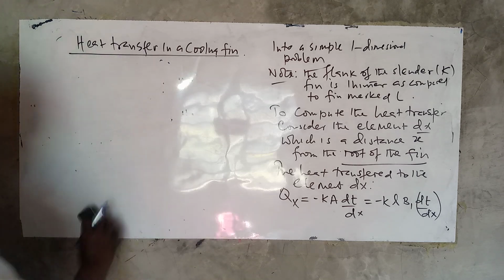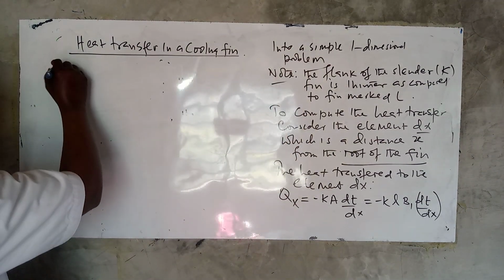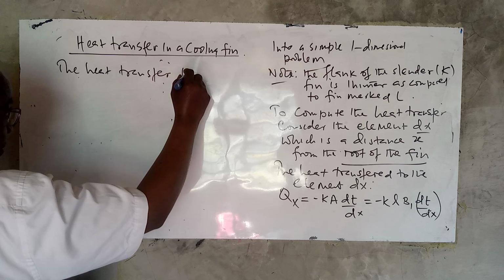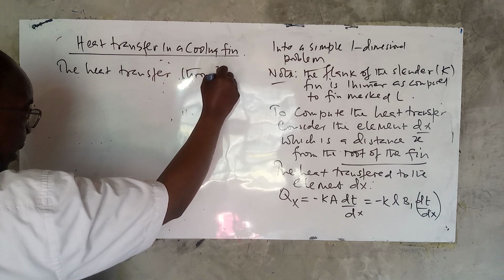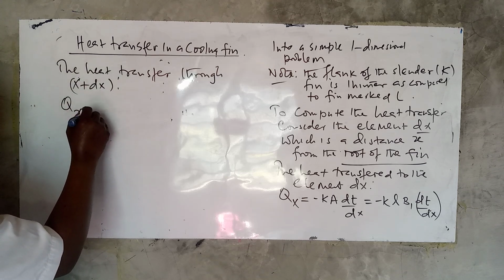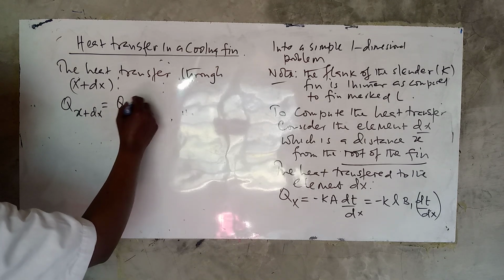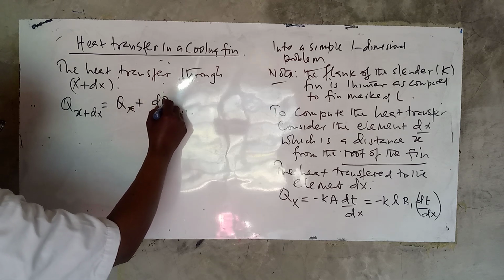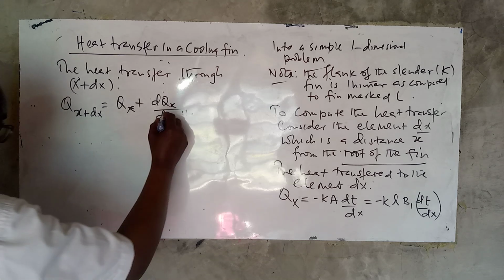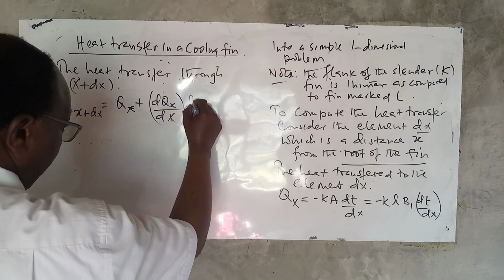Now, the heat transferred through that distance x plus dx, we can represent that as q x plus dx, which will simply be qx transferred to the element x plus d of q dx.